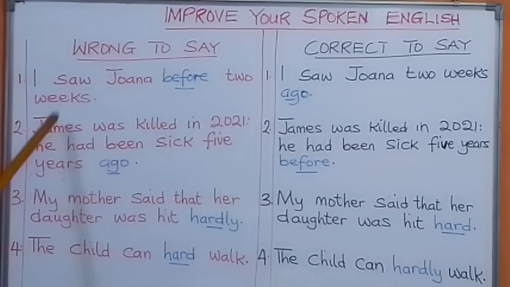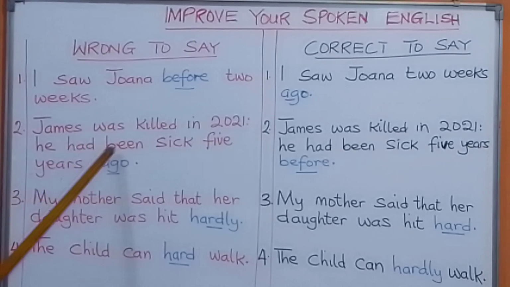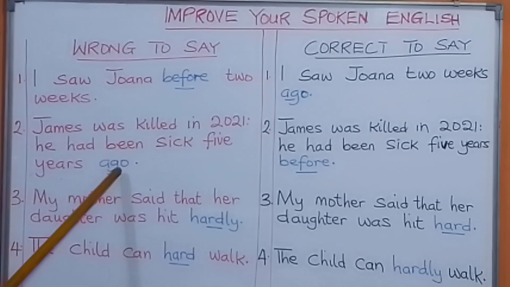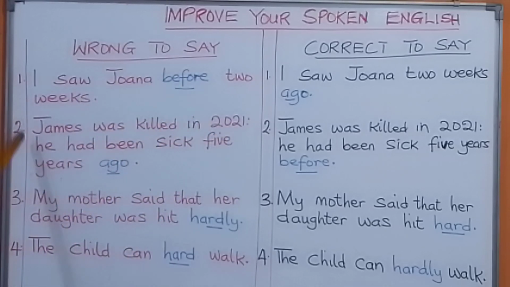Number 2, it is wrong to say, James was killed in 2021. He had been sick 5 years ago. Don't say that. Because you are talking about he was killed in 2021, but before that time he had been sick. So you are going to say before.